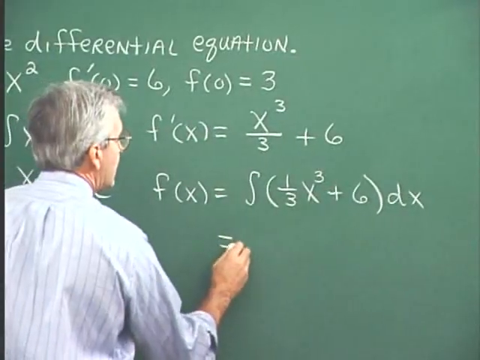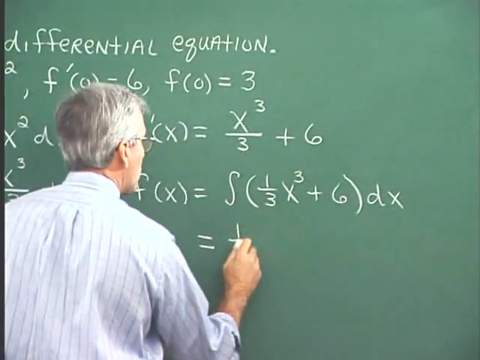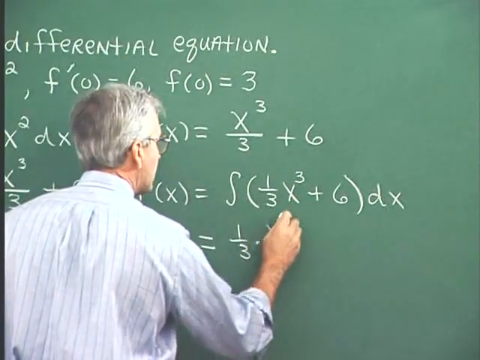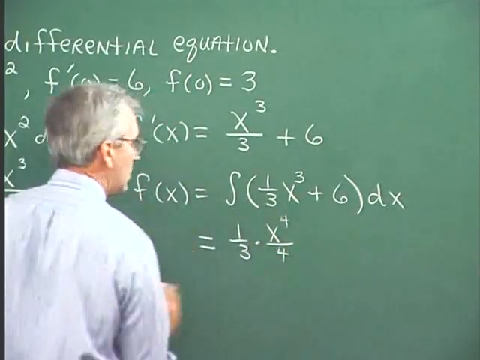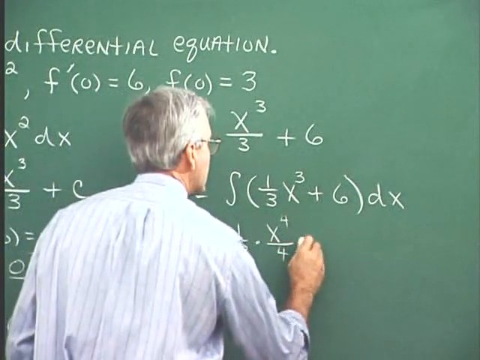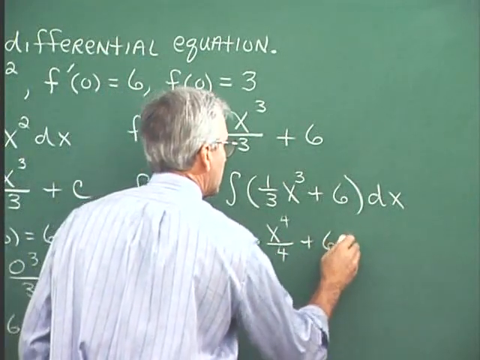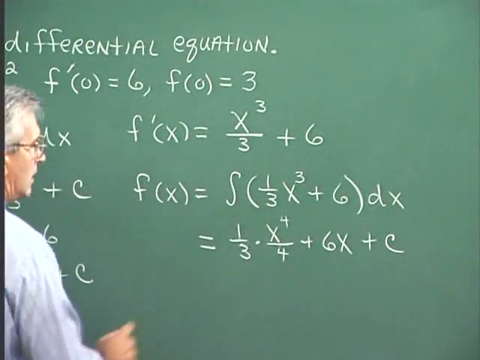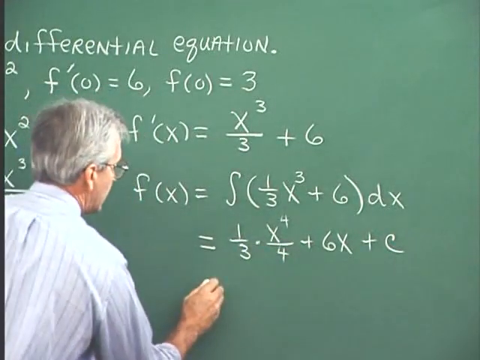And let's see, the integral is 1/3 times x to the 4th over 4 plus 6x plus c. And I can clean this up just a little bit.